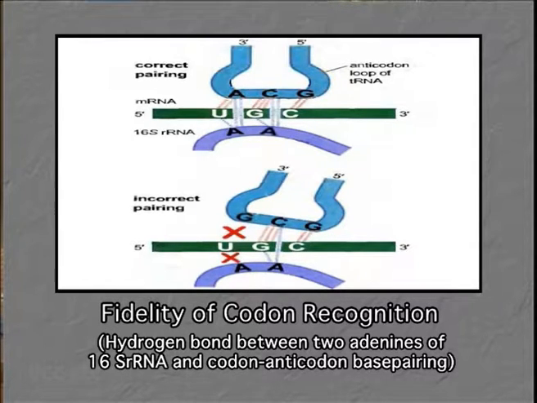These adenine residues are capable of forming hydrogen bonds with the minor groove which is generated because of perfect hydrogen bonding between the codons of the mRNA and the anticodons of the tRNA. If and only if the first 2 nucleotides of the mRNA codon form perfect hydrogen bonds with the anticodon of the tRNA, then only are these 2 adjacent adenine residues capable of forming hydrogen bonds with the minor groove that is generated.